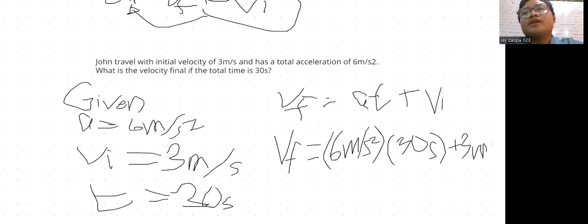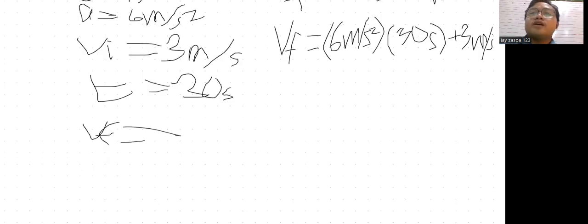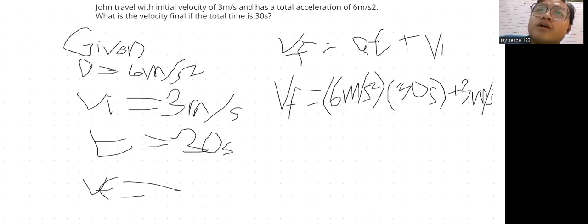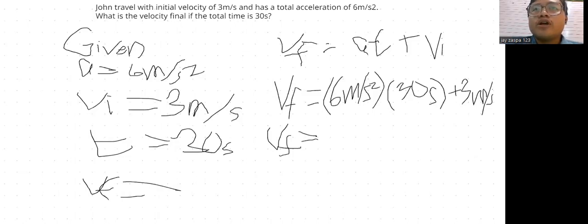Okay, so next, we're going to solve that. Multiply 6 times 30. Sorry, that will be 180. So you put here 180, and as you can see, that is meter per second squared, and this is second.